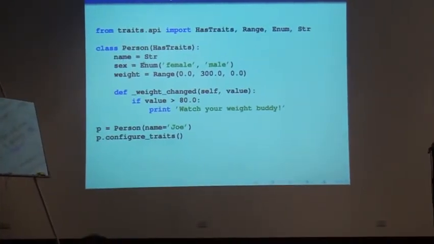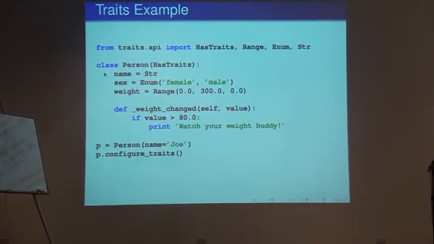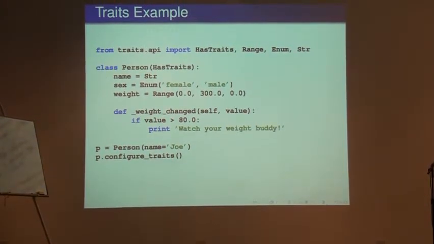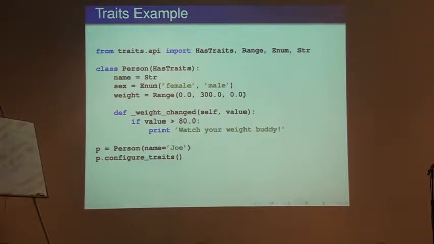We can see what it is. So here's a simple traits example. I'll walk through this. The first line is an import, which basically imports a class called HasTraits, and Range, Enum, and Str, etc. So look at the example. It says class Person of HasTraits. Then name. If you're a traditional Python programmer, you think name is a class attribute. It's not. When you say name is Str, how many of you have written Django code?